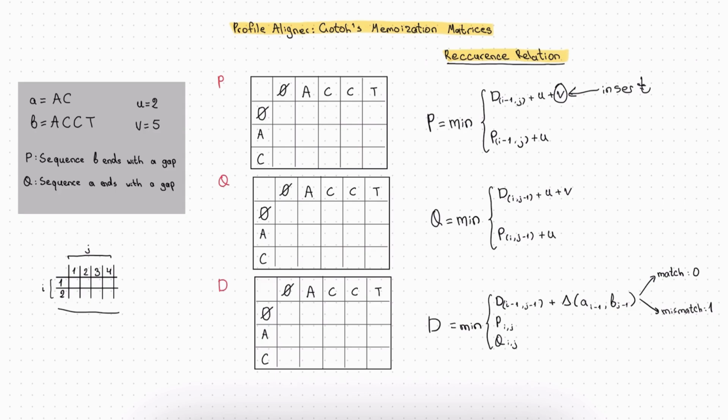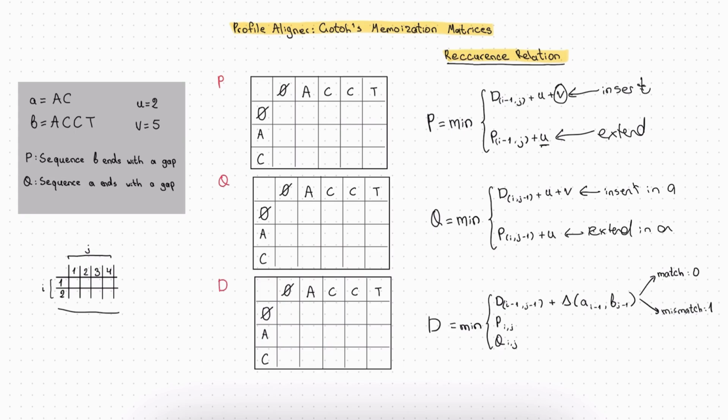Alternatively, if there was already a gap, then all we need to do is extend the gap. And this is why we only have U. The Q is the same two options, but for A. So over here we are inserting a gap in A, and here we are extending a gap in A.